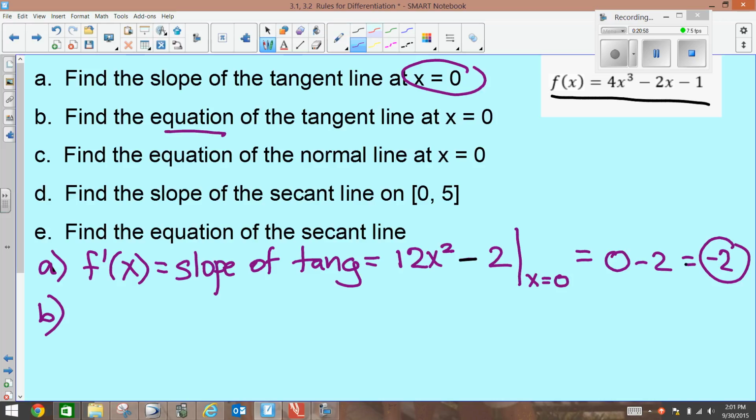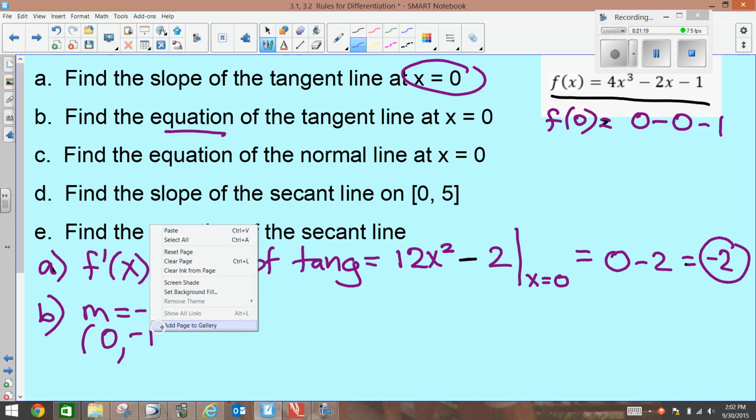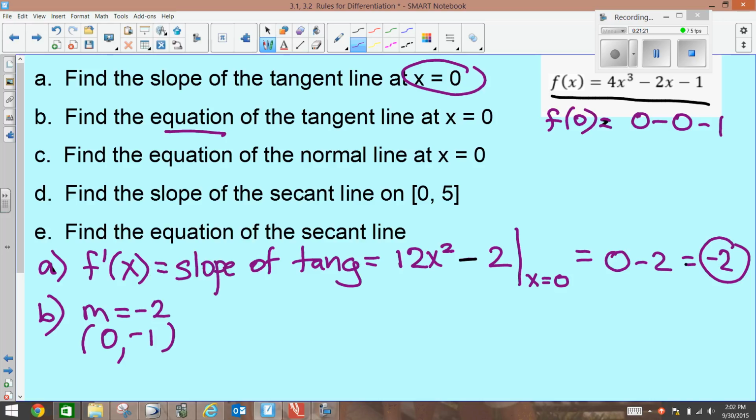Part B says, find the equation of the tangent line. Okay, so the equation of the tangent line is just take the slope and the ordered pair. Well, the first thing, we know the slope is negative 2 again, and the ordered pair is 0 something. So let's plug in 0. F of 0 equals 0 minus 1. So our other part of the ordered pair is 0, negative 1.